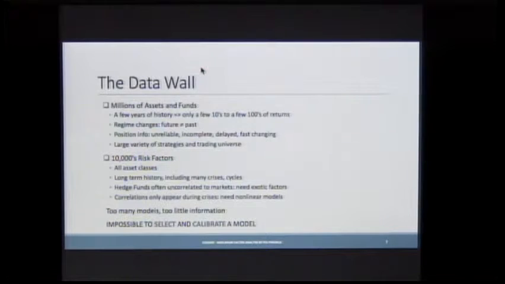You have tens of thousands of risk factors against which you can explain them. And so you have, for every single asset, too little information and way too many possibilities to model it. And probably they are not totally irrelevant, but certainly you cannot say this asset is this model.